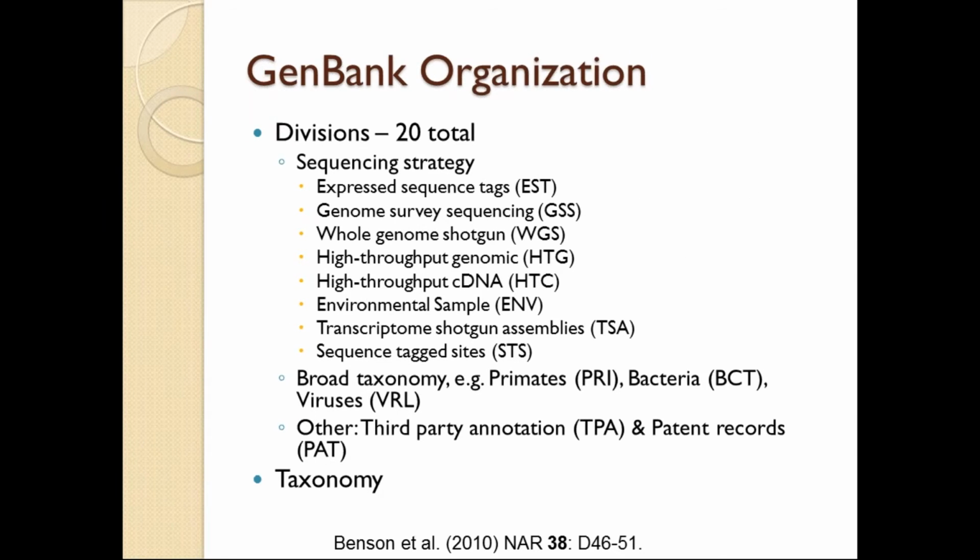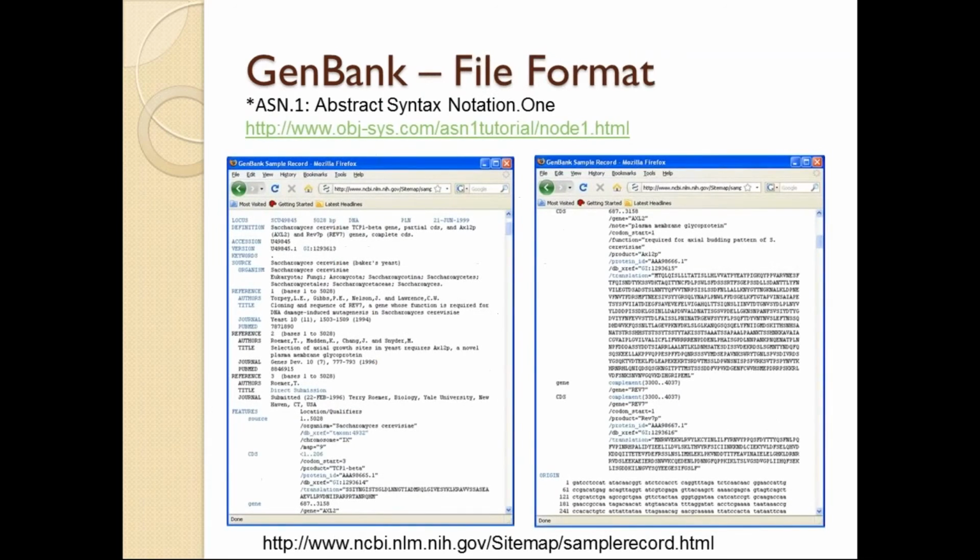Right, and then for the organization, you can have different naming standards. You can go to the database and learn about it. But one thing you should know is that GenBank being so old, they don't have a good representation. They have what is called ASN.1.